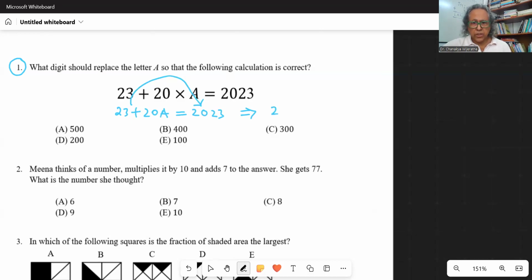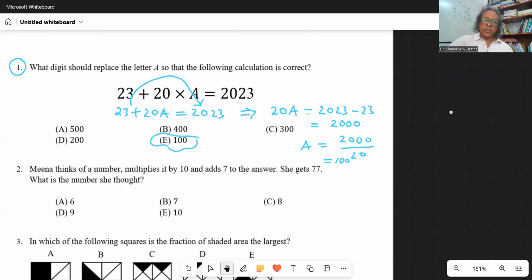Then 20 times A is equal to 2023 minus 23. So that is 2000, right? And then A is equal to 2000 divided by 20, which is 100. So 100 is the answer. Okay, so an easy question. So let's move on.